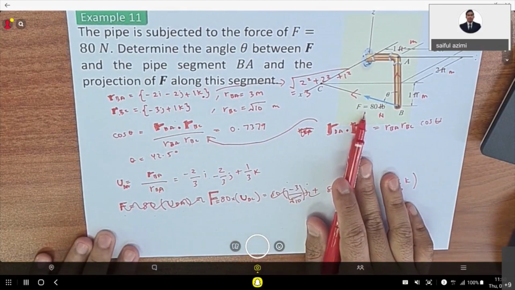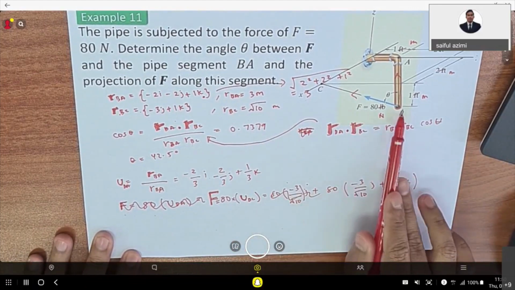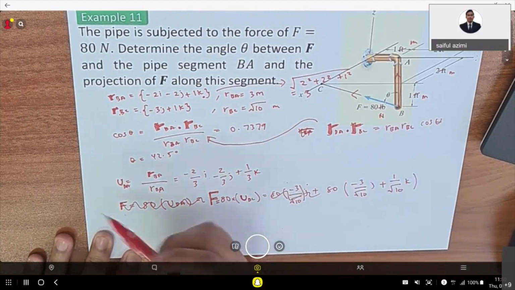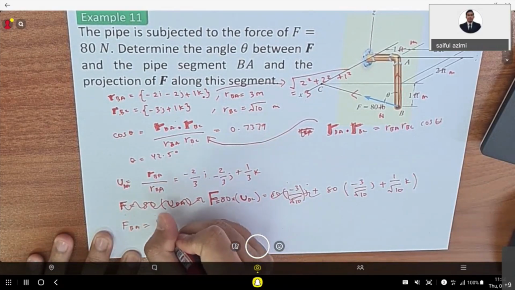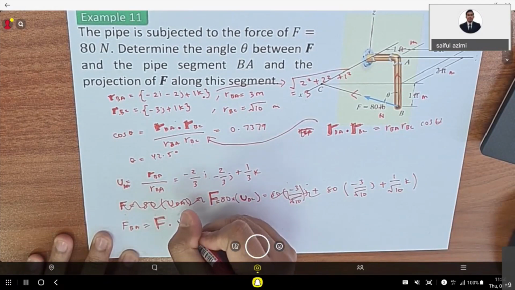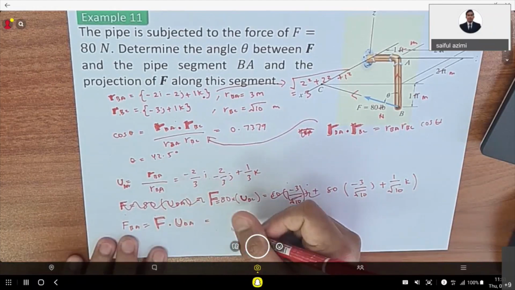And then they ask you to find the force of BA. So the magnitude of FBA equals the dot product F dot UBA.